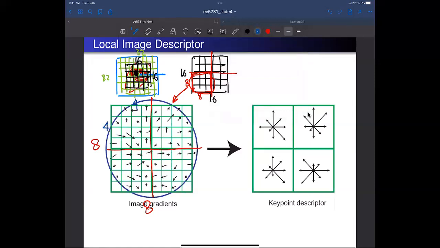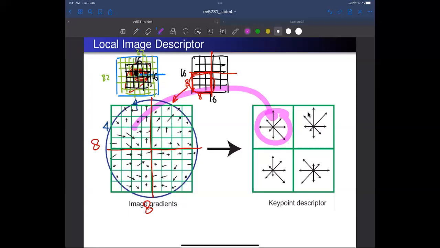For this 4 by 4, you know the orientation and the magnitude. And for this 4 by 4, which is 16 pixels, you create your oriented histogram. So this 4 by 4 gives you that one. That one is created by 4 by 4.